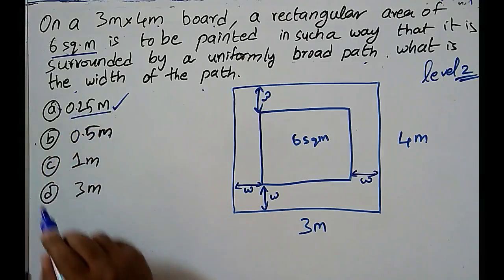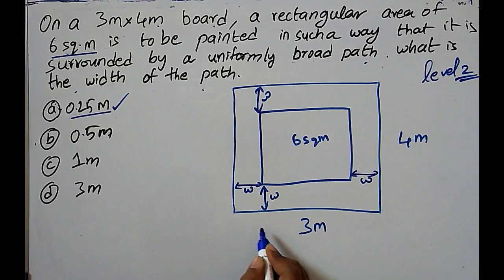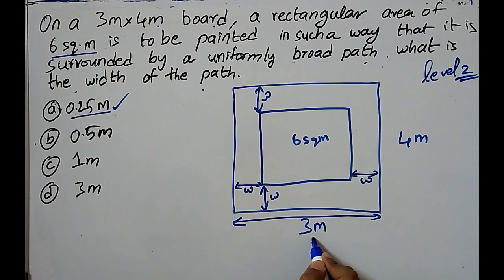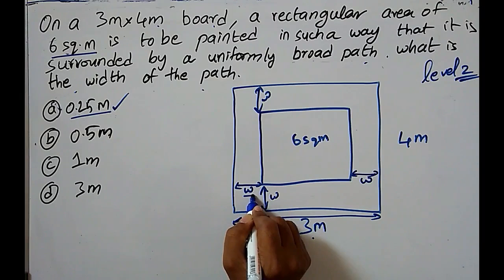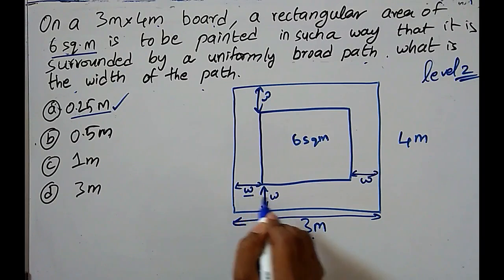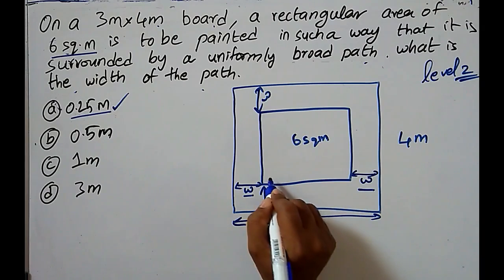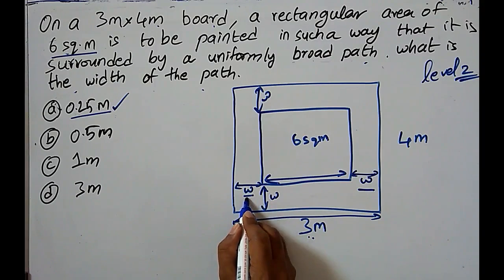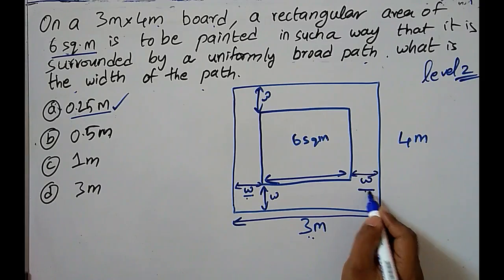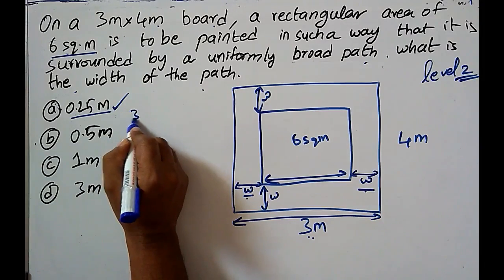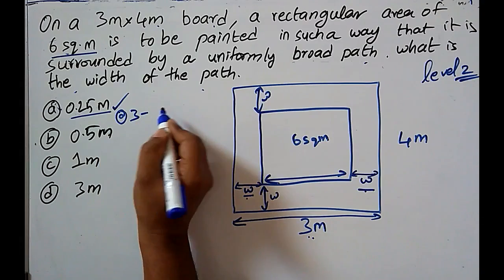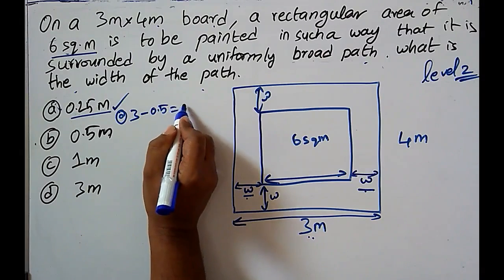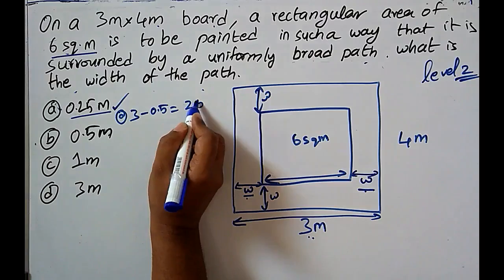Let us substitute 0.25 meters as the width. This total length is 3 meters. If we subtract a width of 0.25 here and 0.25 here, we will get the remaining width. So 3 minus 0.25 minus 0.25, that is 0.5 in total, that is 2.5 meters.